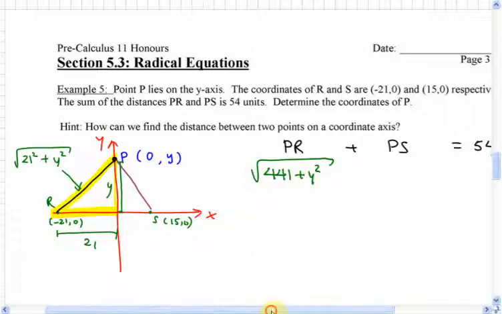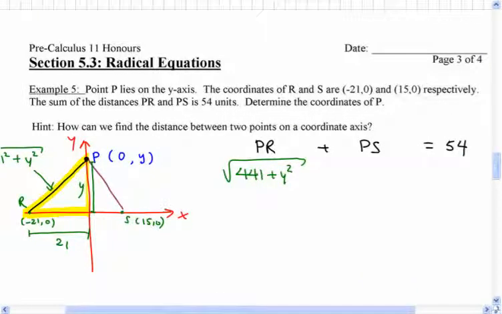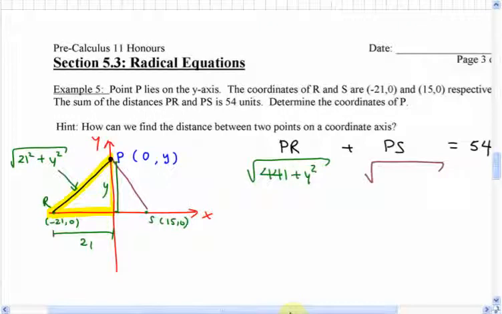So once again, using Pythagoras, can someone help me out with that PS now? What would PS be equal to? 15, I heard? 15 what? Squared plus y squared, square root. Good.